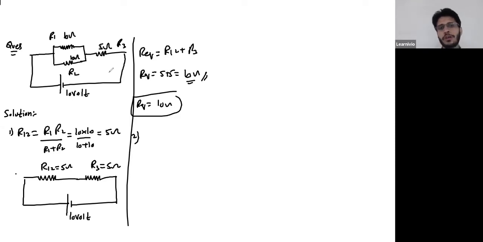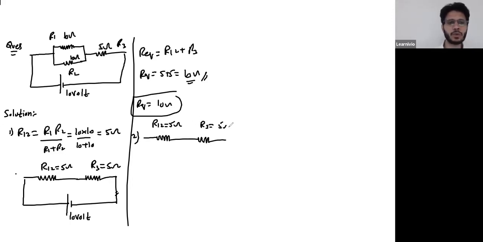Now we need total current and total voltage. For this, we will start from this circuit. I don't exactly need total current and total voltage, I need current through each resistor and voltage through each resistor. For this, we can start with total current.